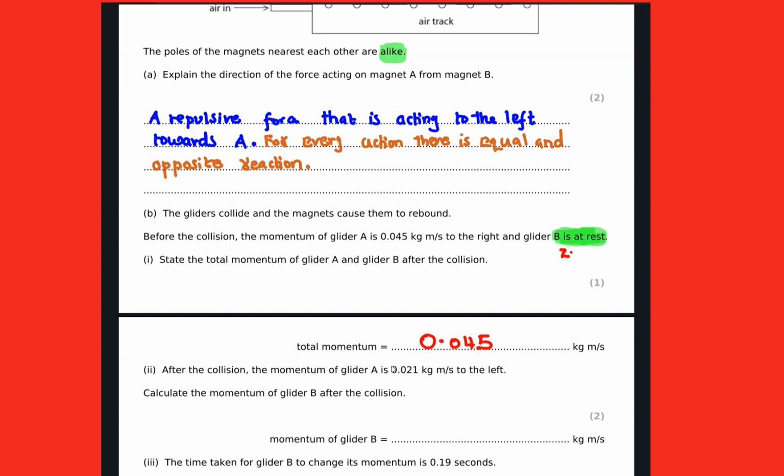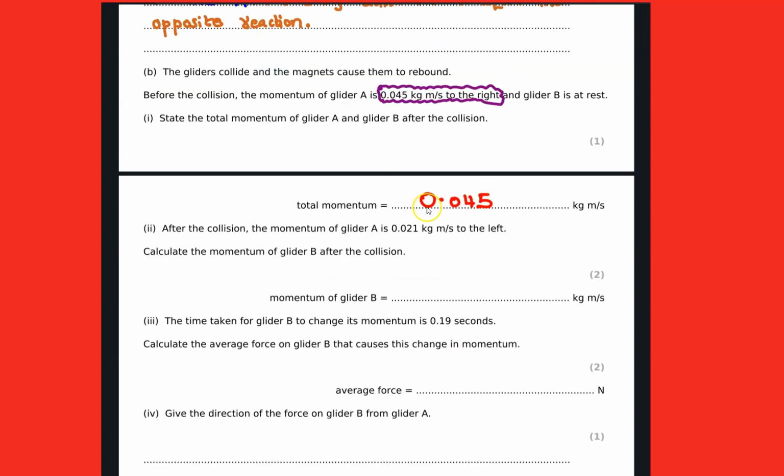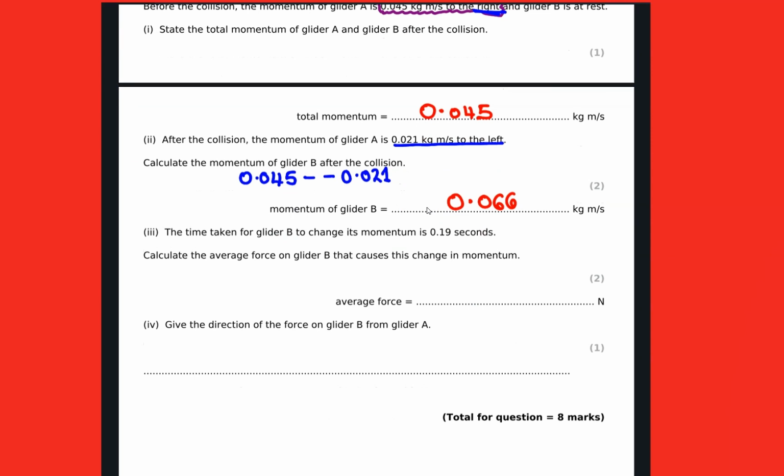After collision, we are going to consider the direction also, and then we say this was 0.05 to the right, so this is going to be written as 0.05, and the final becomes 0.066 at that particular moment.